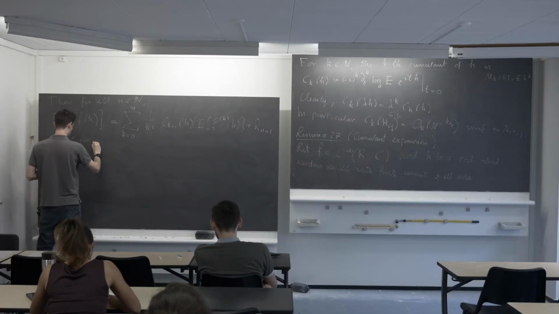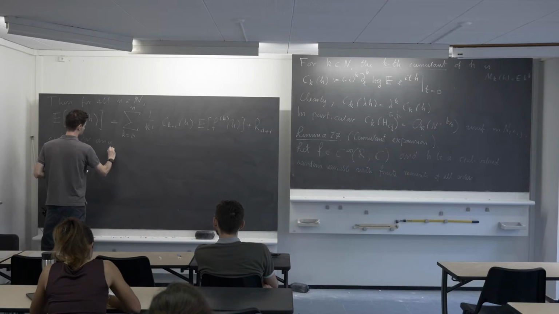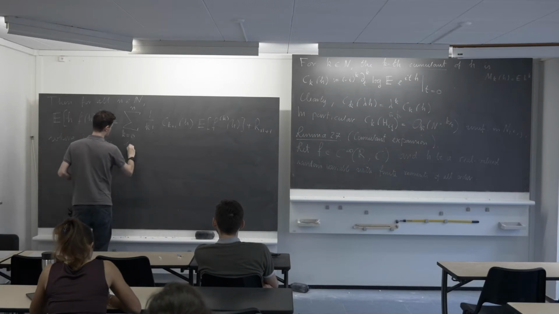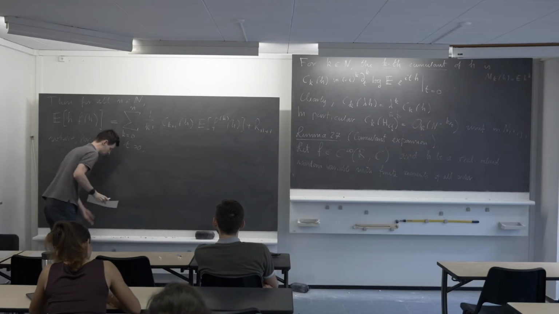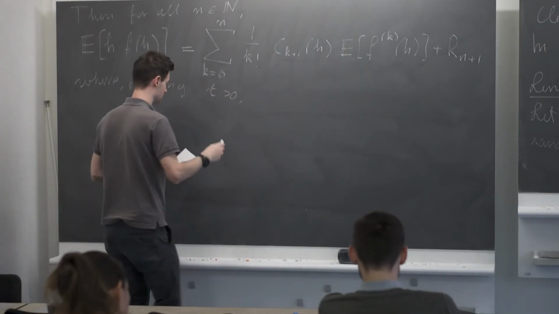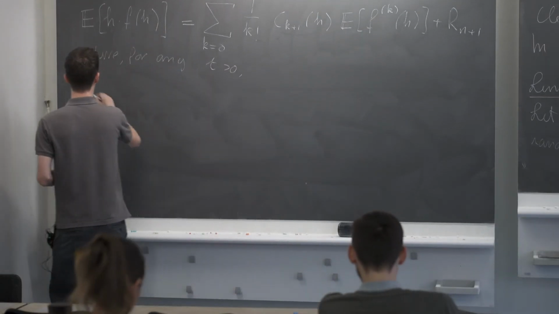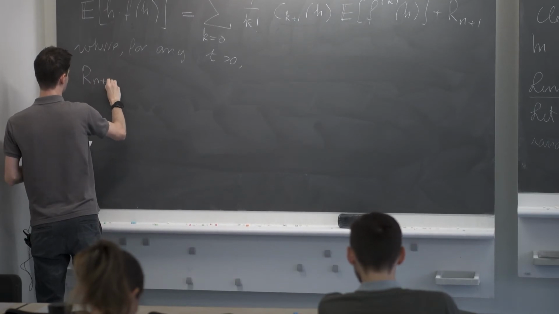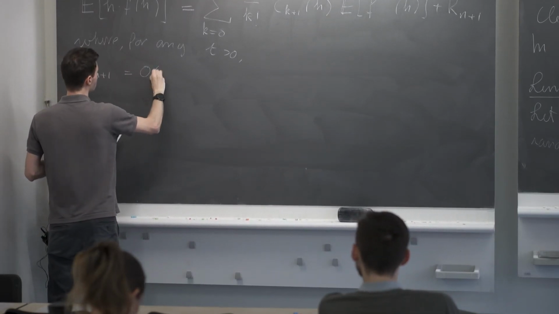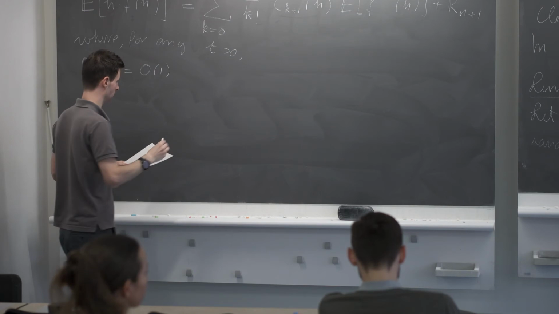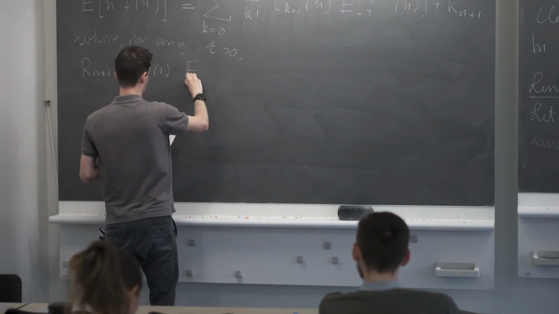We are not really interested in the specific form of this remainder term. It's always going to be small. We just have to estimate it as in Taylor's theorem. And a good bound that is going to be sufficient for all of our purposes is the following.